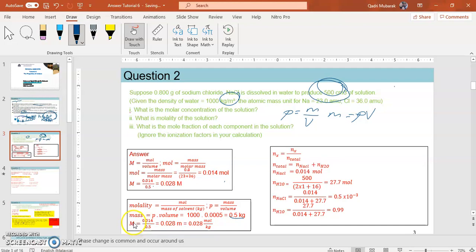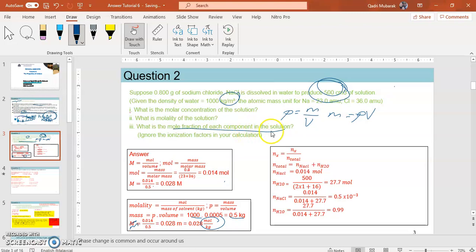So we find our molality, and then we get 0.028 molal, or we can write it as mole per kilogram. And then the third question asks us about the mole fraction of each component in the solution.